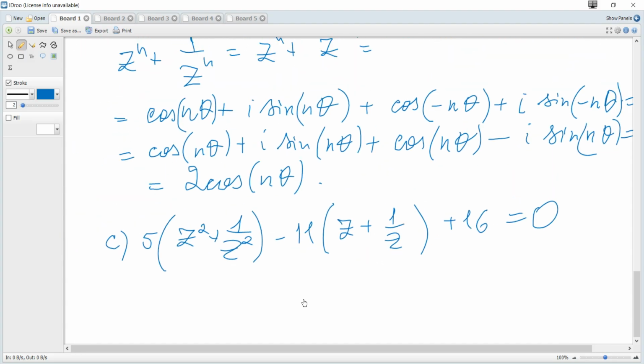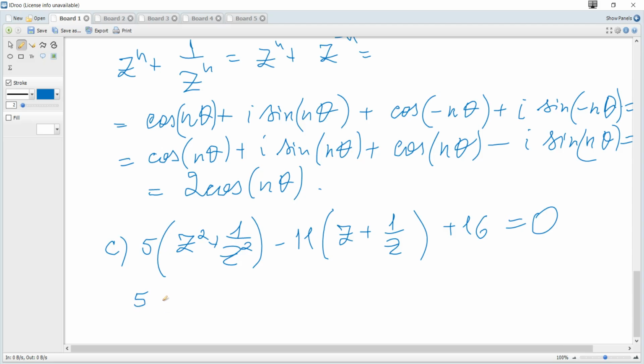And using the previous result, we get 5 times 2 cosine of 2 theta, minus 11 times 2 times cosine of theta, and plus 16 is equal to 0.